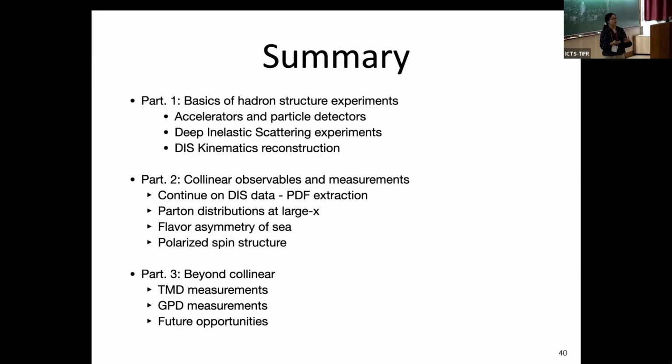I know most of you are not. But understanding your data and systematics is very important when you study them from the theory perspective as well. Next, we reviewed some of the measurements of hadron structure, both unpolarized and polarized, and both one-dimensional and multi-dimensional, and looked at some of the important or interesting results from the past few years.